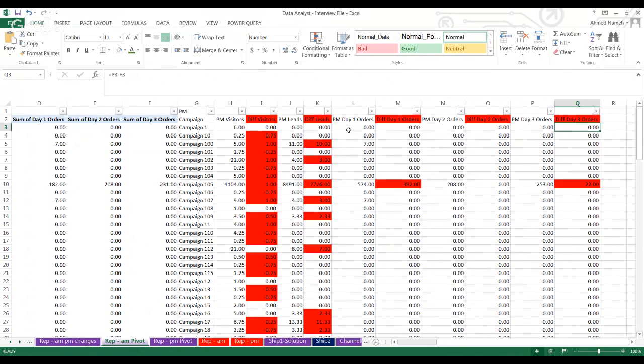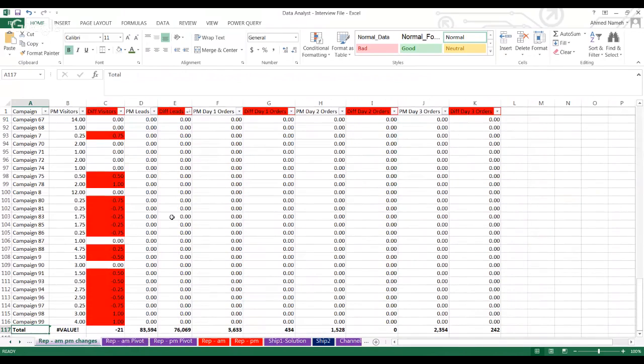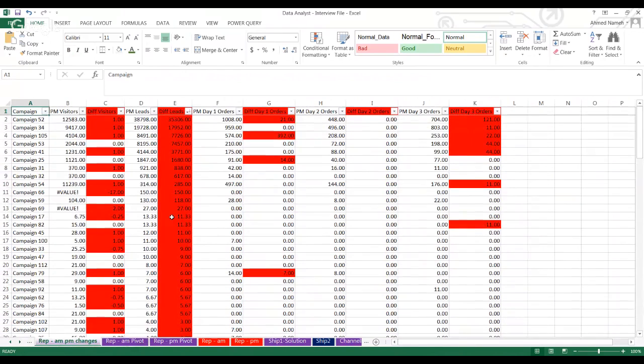Now, what I did was I took this new series of columns that I created that looked at the difference, and I moved it over to a new tab, just so it's easier on the eyes. Once you've gotten to this point, you can go through each of the columns and determine where the differences exist and to what extent they exist.